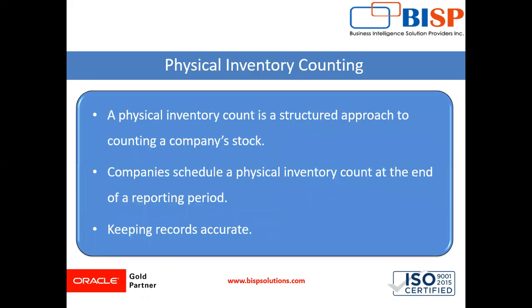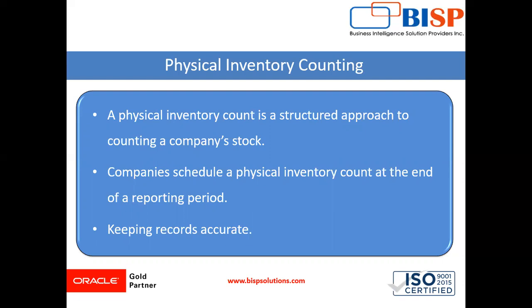A physical inventory counting is a structured approach to counting a company's stock, where the inventory staff use a predetermined method to count the items, the material and goods. Companies schedule a physical inventory count at the end of the reporting period.